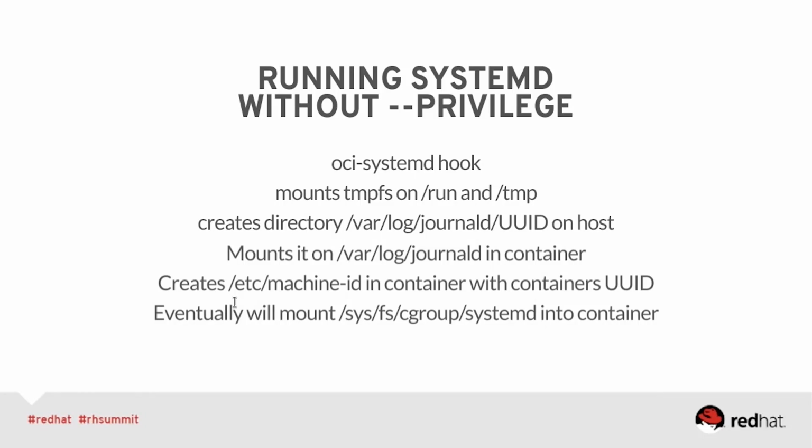It creates an /etc/machine-id with the container's UUID, and then eventually it mounts sysfs cgroup systemd into the container. So those are the steps that happen, and the really cool thing now is systemd will run as PID1 inside of the container and will log its journaling content to the host. That's why we added these other things about the log journal, and the way systemd writes the journal is based on /etc/machine-id.